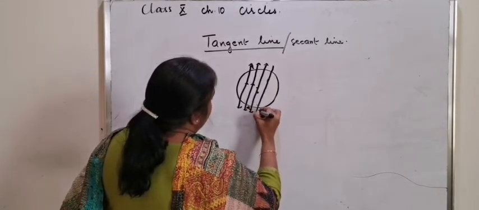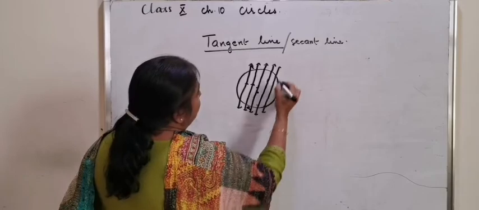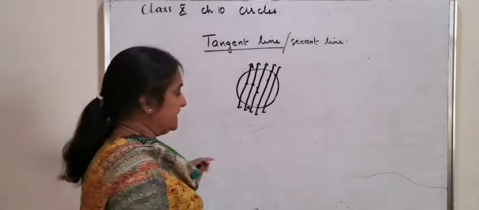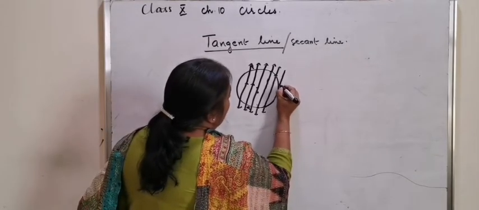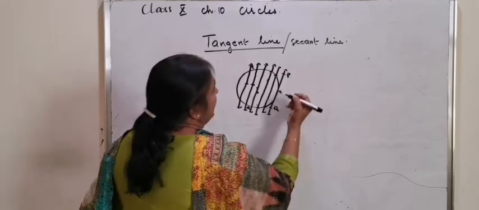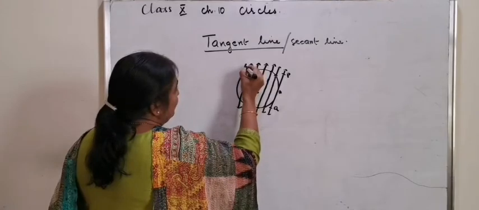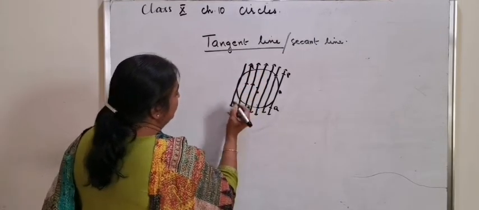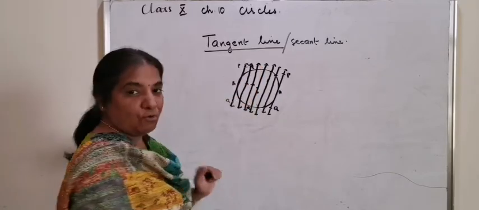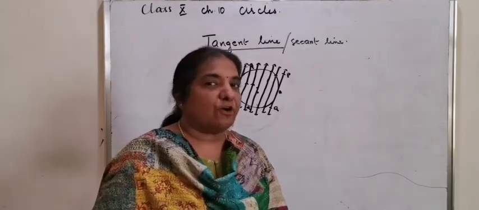When you draw the secants, you can see the length of the chord getting reduced as you move away from the center, and when you reach a point here, you can see the secant turning into a tangent at the point A. Similarly, on this side also, you will get a tangent at the point B.